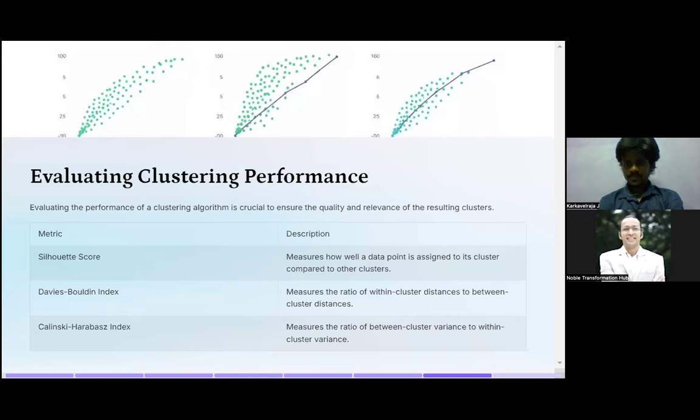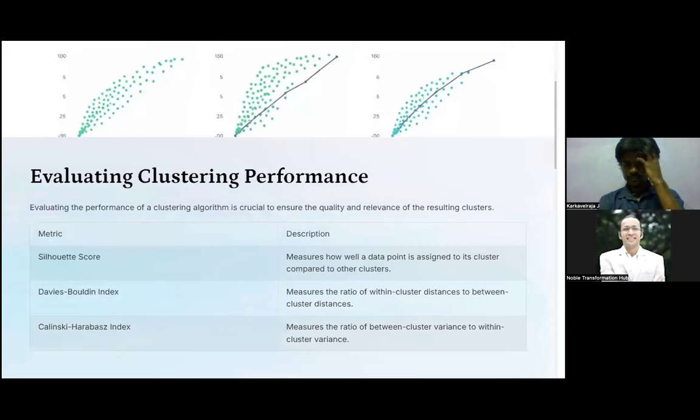The Davies-Bouldin index measures the ratio of within-cluster distance to between-cluster distance.